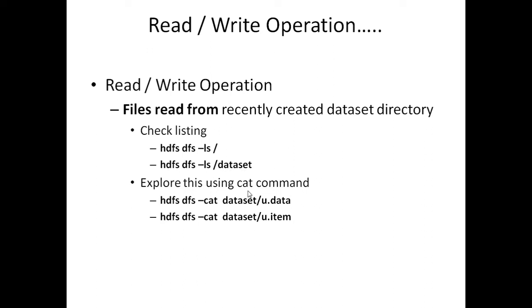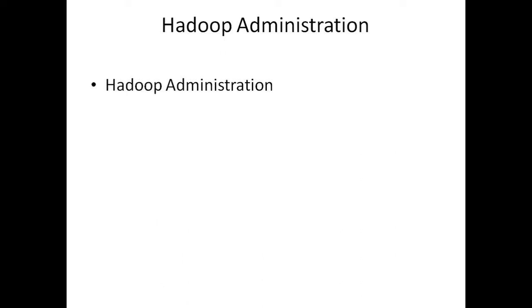Now if you want to see the data of these files, run the hdfs dfs -cat command, the concatenate command, which you can also use in Windows to display the data of a particular file. So -cat /dataset, this is the folder you created and this is the file you uploaded. This will give you the complete data on your command line, as I will demonstrate during the practical session.